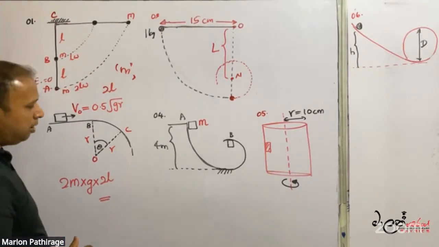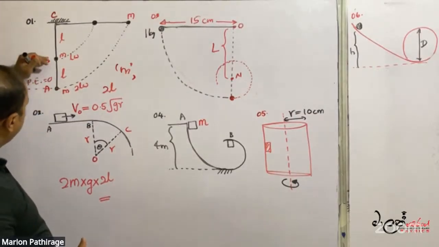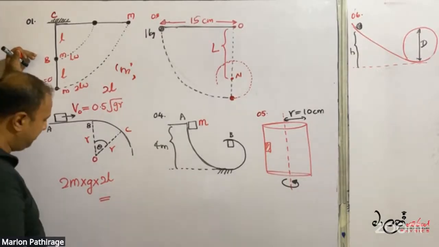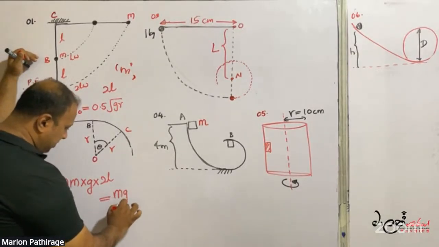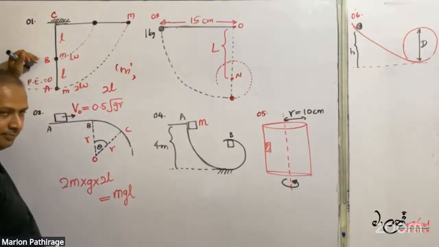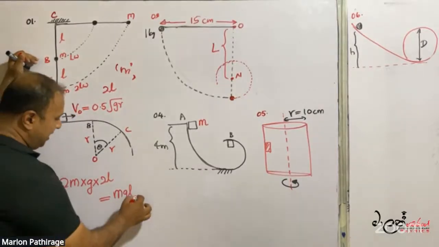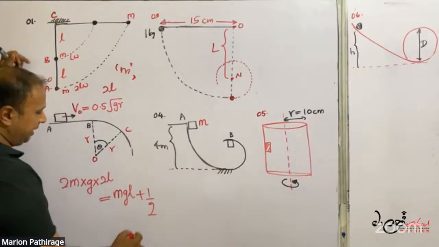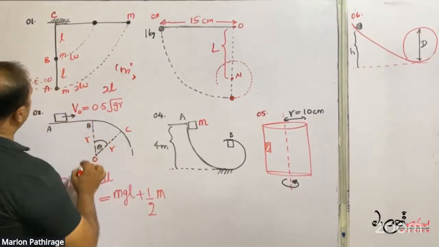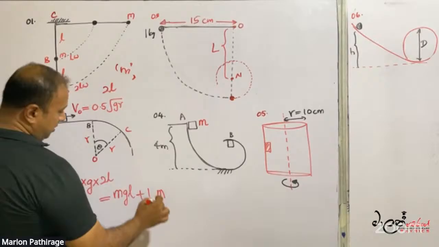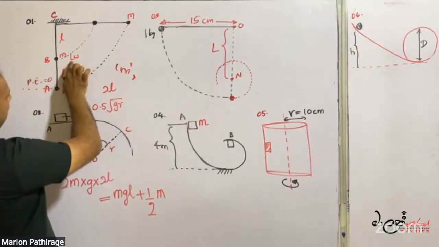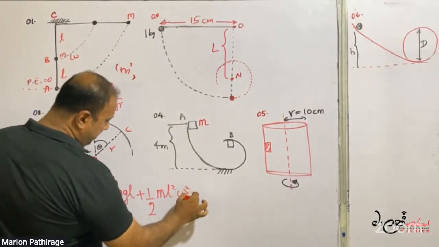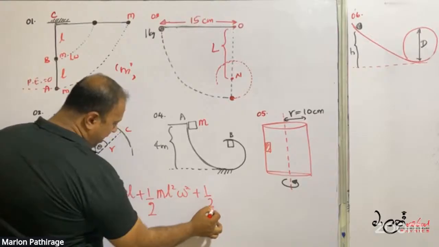Therefore, potential energy of this mass is 0, but this mass has a potential energy of mgl, plus half m vB squared. VB squared means square of this one: m L squared omega squared, plus half.